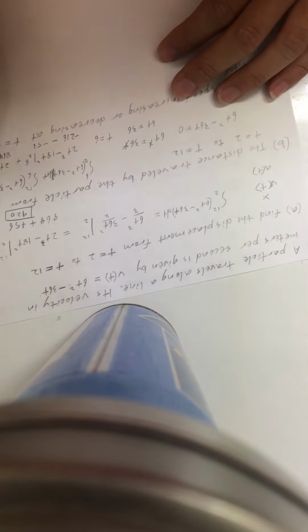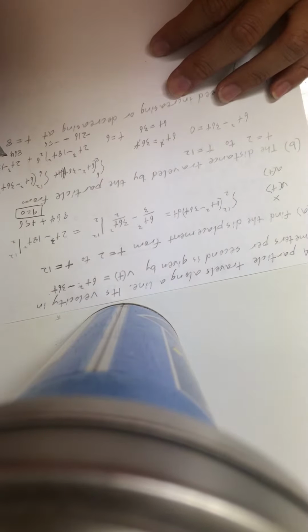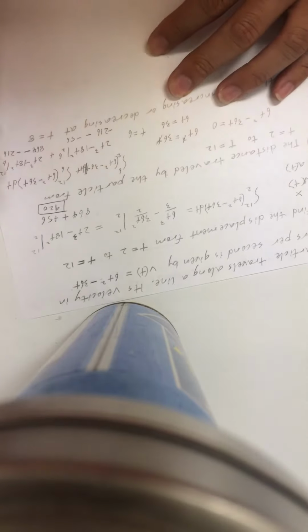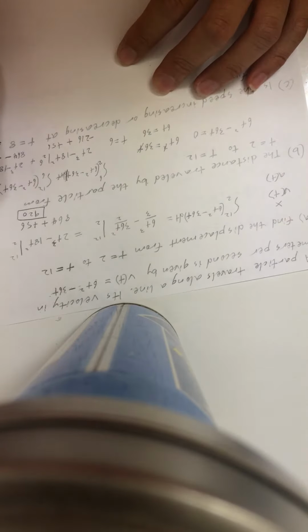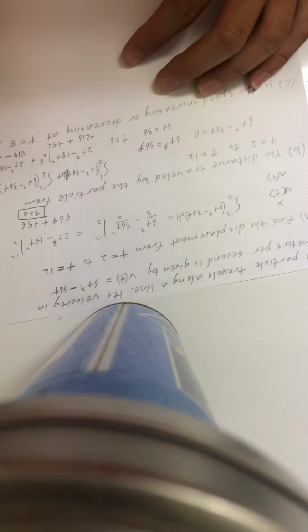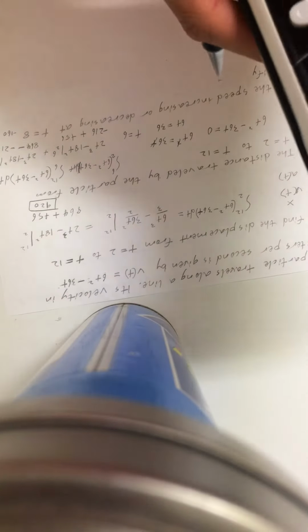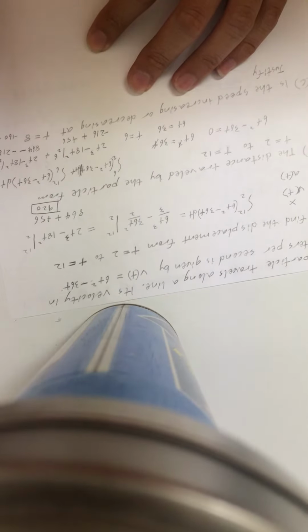So negative 216 plus 56, which is negative 160, plus 864 plus 216, which is 1080.